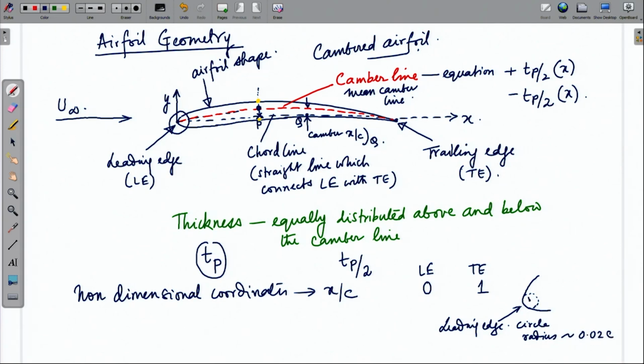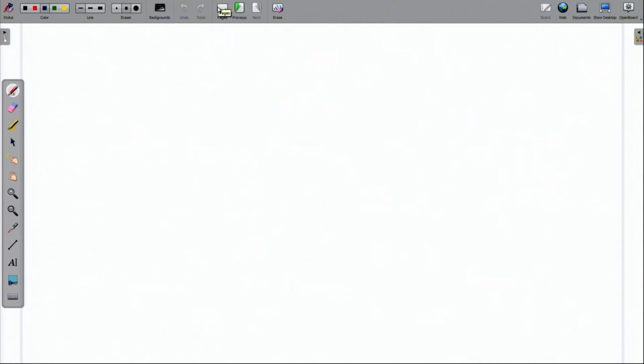That means, this is the leading edge radius. We would call it the leading edge radius. It is circular in shape. So, this is as far as the basics of airfoil geometry are concerned.